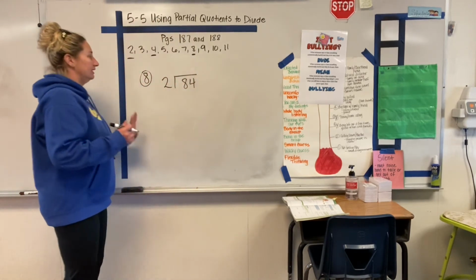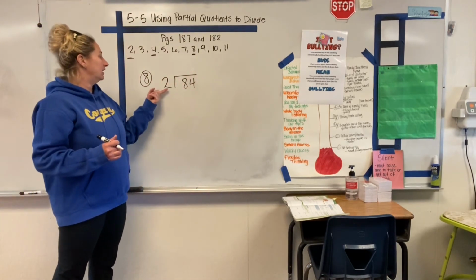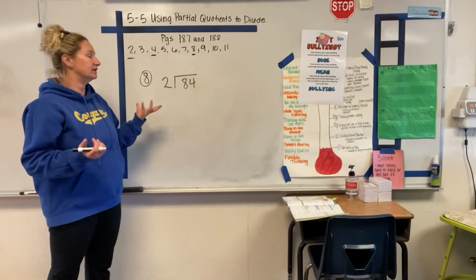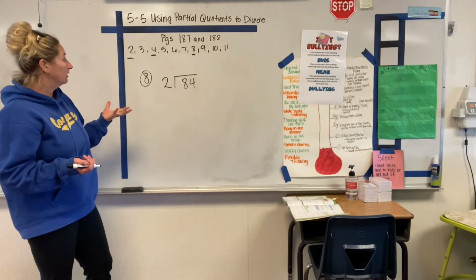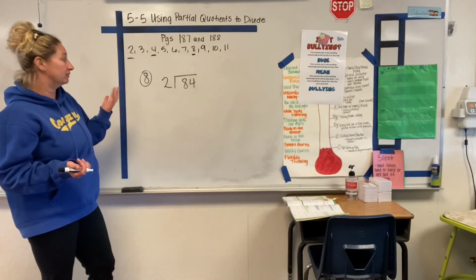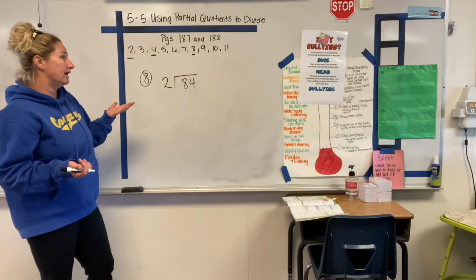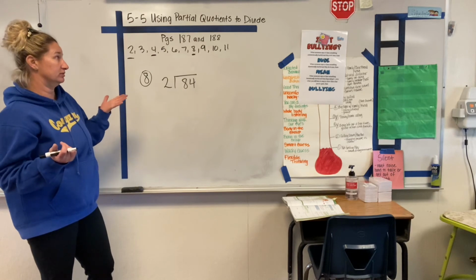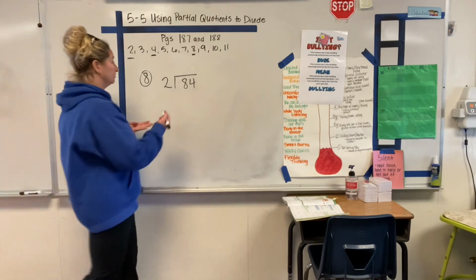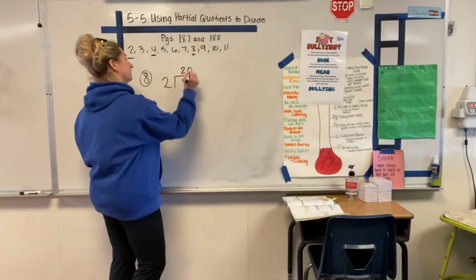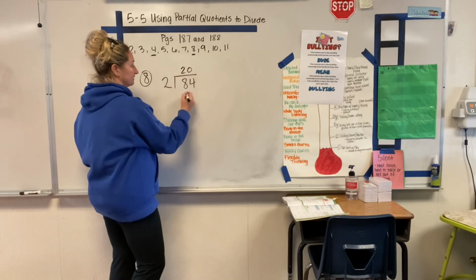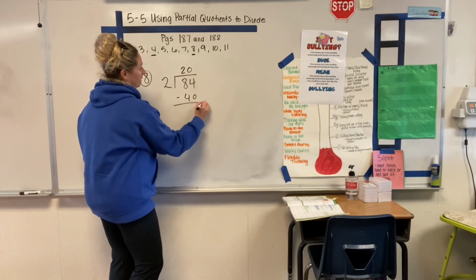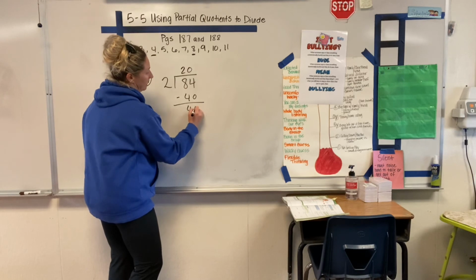Okay, now, again, look at this and I say, okay, I know that 2 times 10 is 20, right? So I know 20 goes into 84. And if I have 2 10s, that's 20. That would be 2 times 20 is 40. So maybe I'll try that. So 20, all right, 2 20s is 40. That's 44 that I have left.